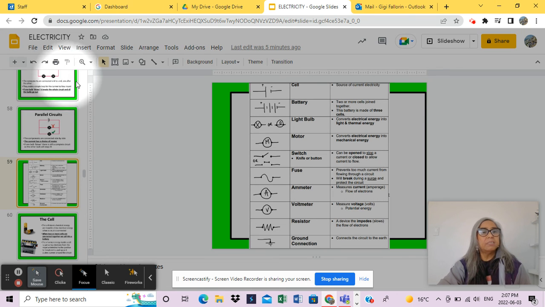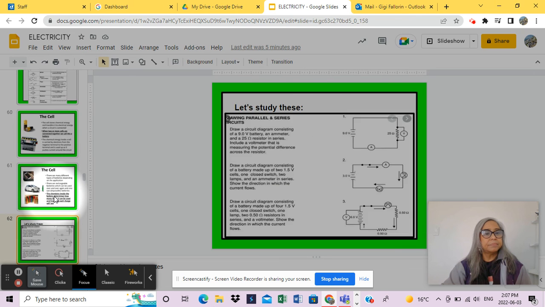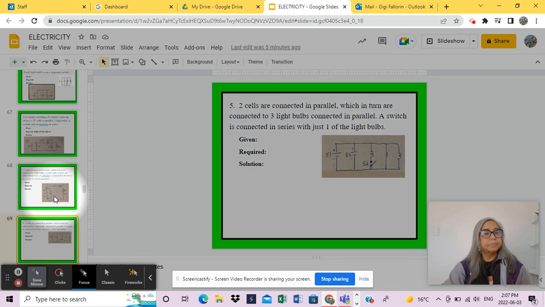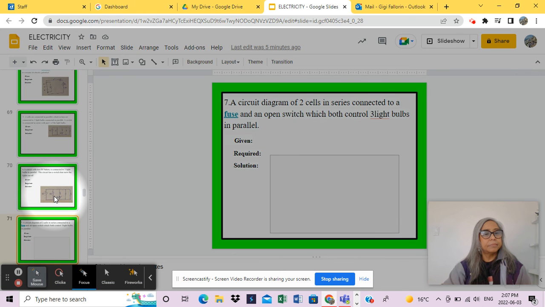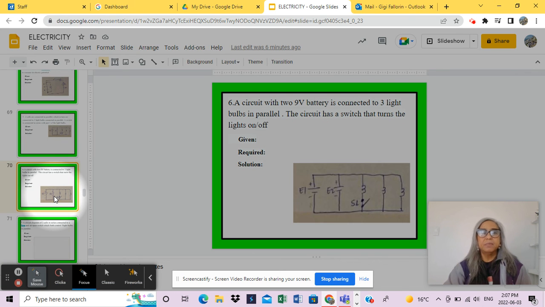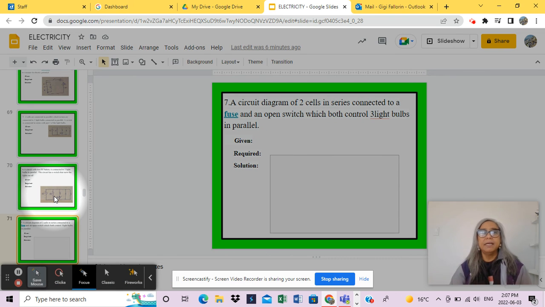And let's go back to a problem that we had. This one, or number 7. This one, right? And a fuse and an open switch, which both control 3 light bulbs. So in parallel.